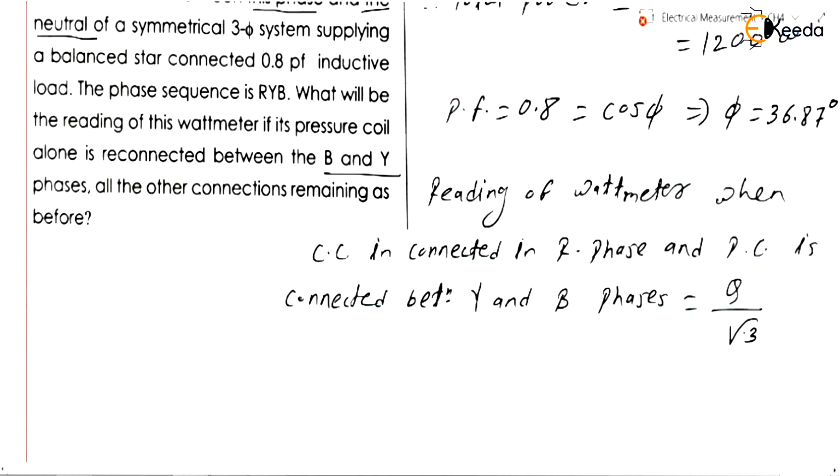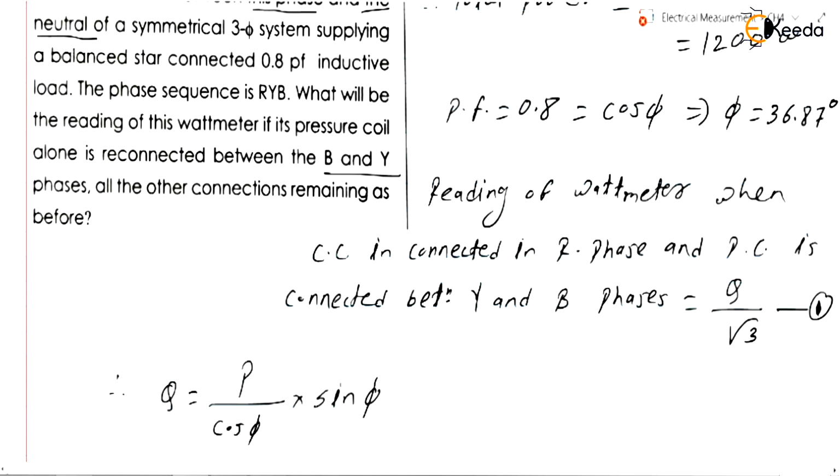So we can find the reactive power Q from the power P and the power factor. Let us consider this as equation 1. Therefore, we can write the reactive power Q as the total power P divided by cos phi, into sin phi, that is V into I into sin phi.